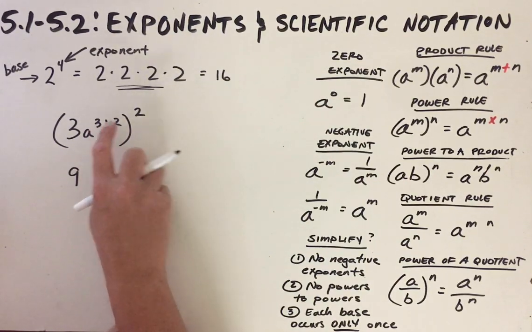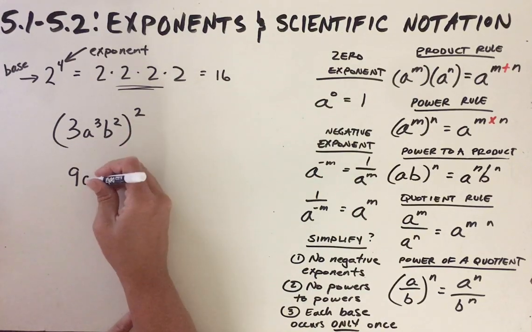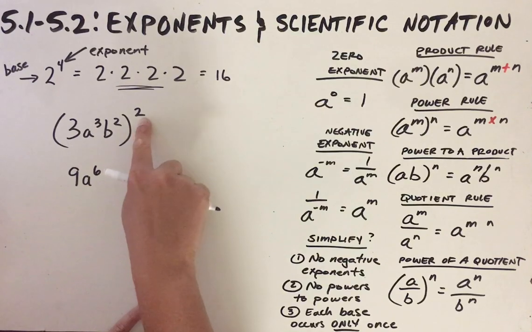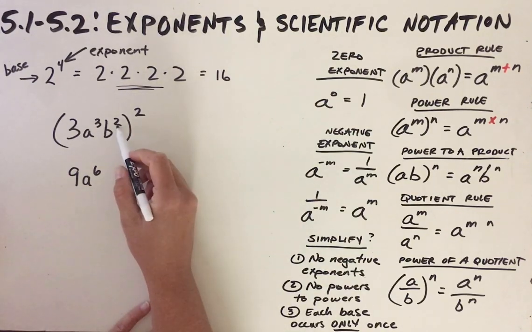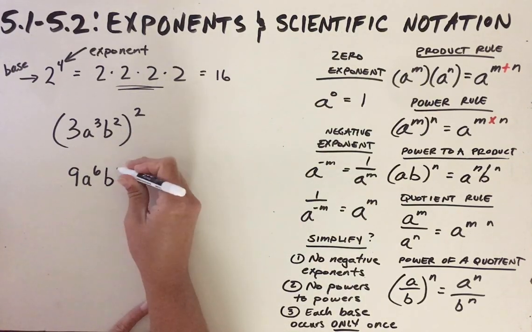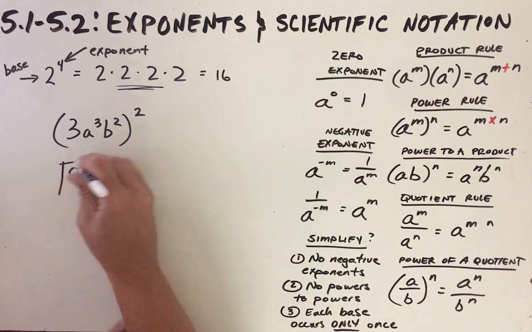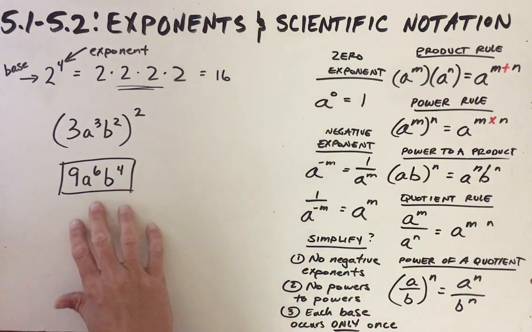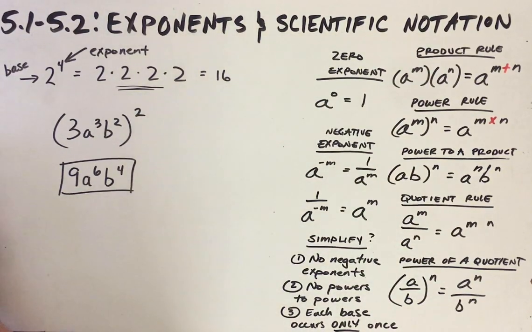A to the 3 times 2 is a to the 6th, because I have 3 of them, and then I have another 3 of them. That's what this says. And b is 2 times 2, which is b to the 4th. Okay, so this is considered simplified. So that's, again, the product to a power example.